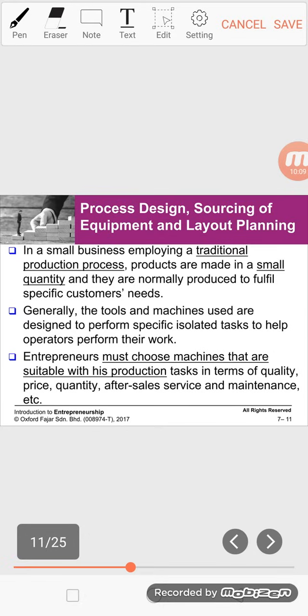If your target production is very low, then there is no need for you to have a very high end, a very expensive equipments, machines and so on. Okay, so it will be a total waste because you don't use dia punya capacities to the max. So entrepreneurs must choose machines that are suitable with his production.